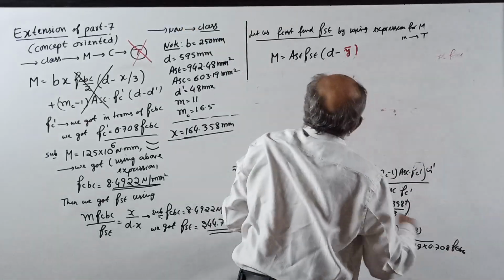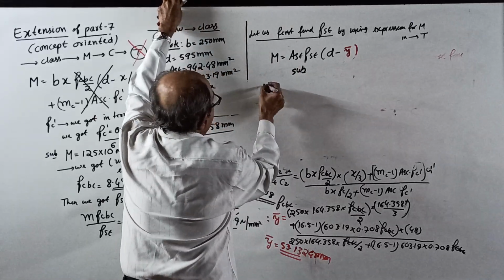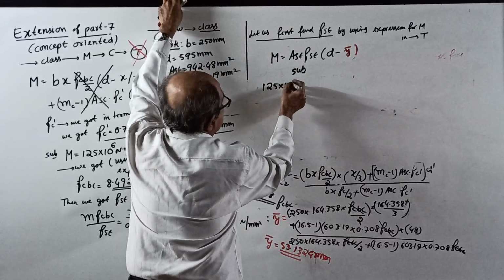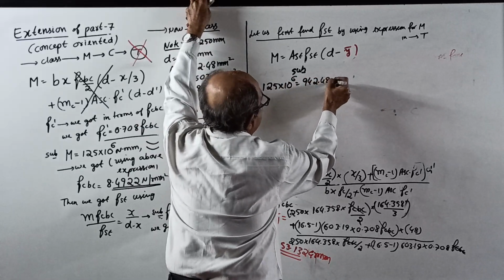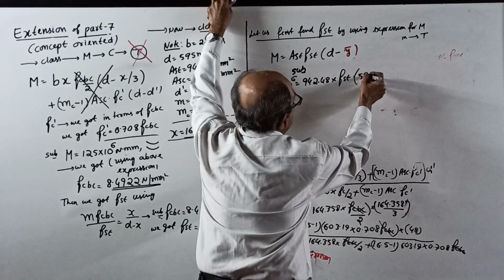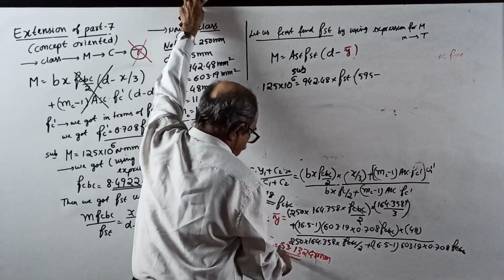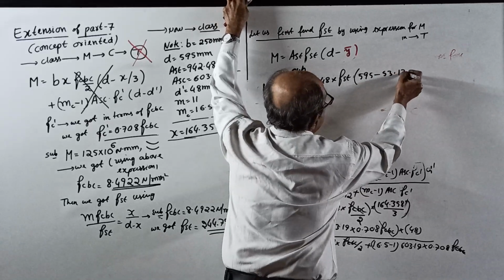Class is almost over. Substituting, M 125 into 10 to the power 6 equals AST 942.48 into FST into d, 595 minus y bar, we got 53.1324.